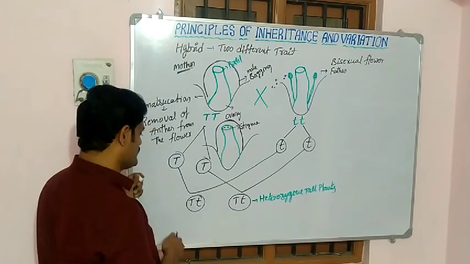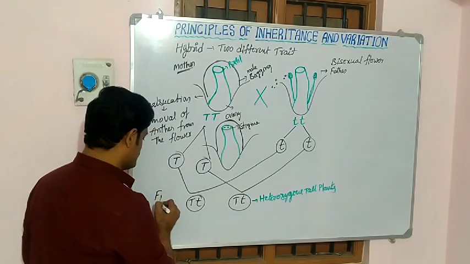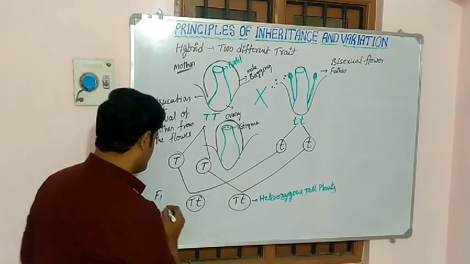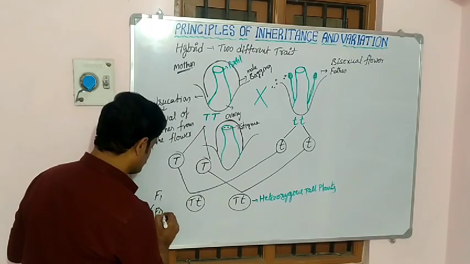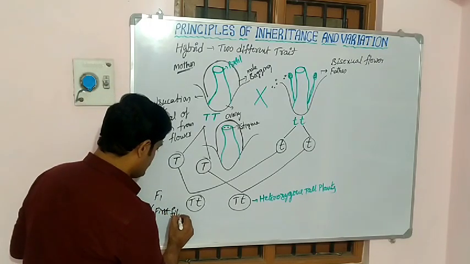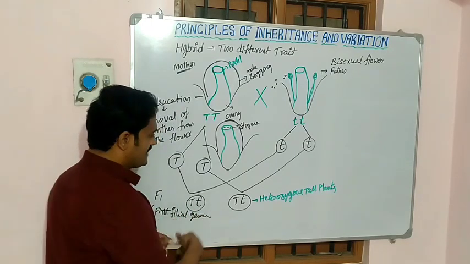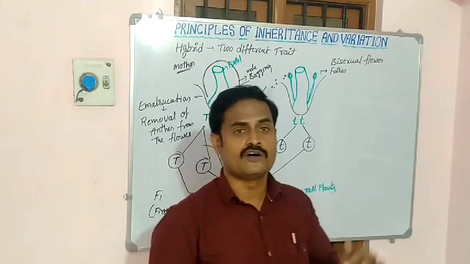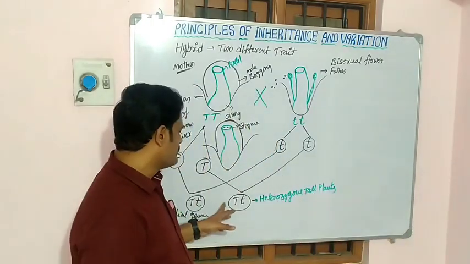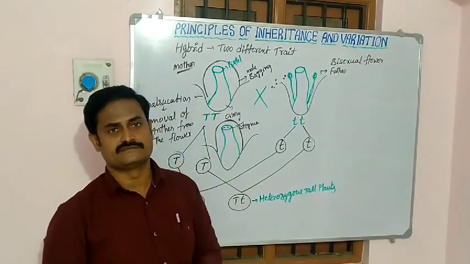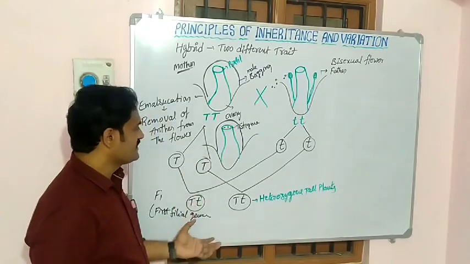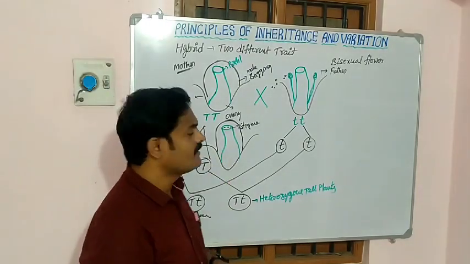This is called the F1 generation. F1 means first filial generation. All plants are tall, but dwarfness is also present, but it is not expressed. So this kind of result was given by Mendel.